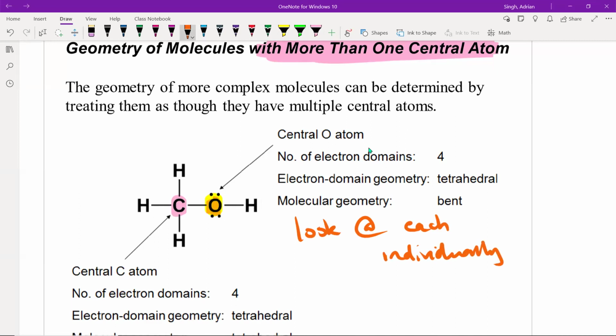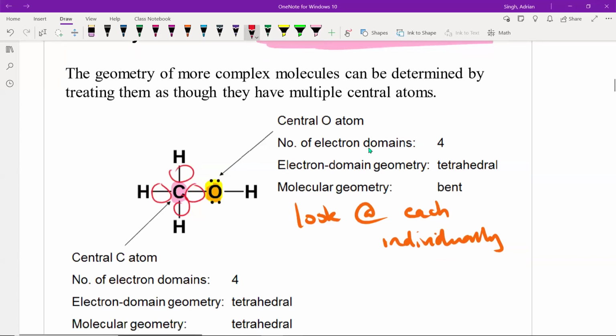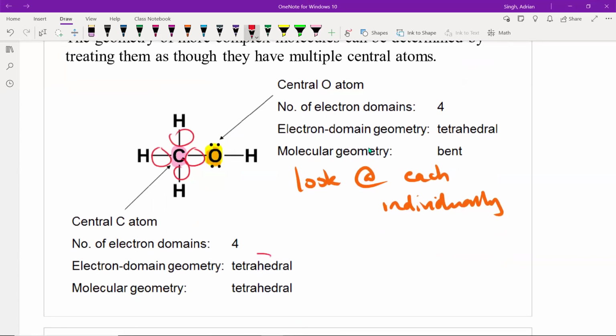So if we look at the carbon first, around this carbon here, we have 1, 2, 3, 4 electron groups. All of those are bonded to atoms, so that will be tetrahedral, both the electron geometry and the molecular geometry. Around the oxygen here in the yellow, around the O, we have 1, 2, 3, 4.